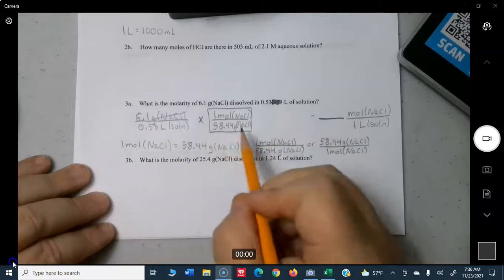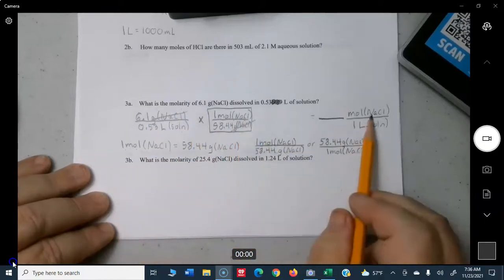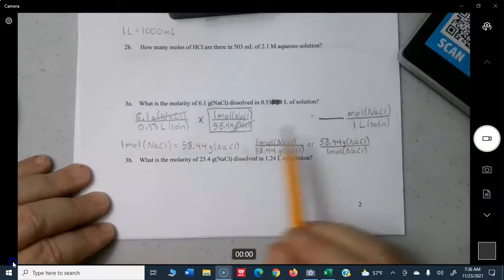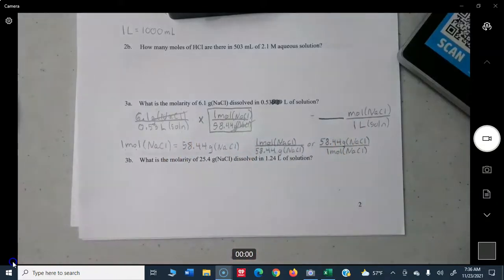So grams of NaCl cancels and cancels. We have moles of NaCl on the top. That's what we need. Liters of solution on the bottom. That's what we need. So now it's 6.1 times 1 on the top, and then divided by 0.53 on the bottom, and divided by 58.44 on the bottom. And that gives us 0.19.